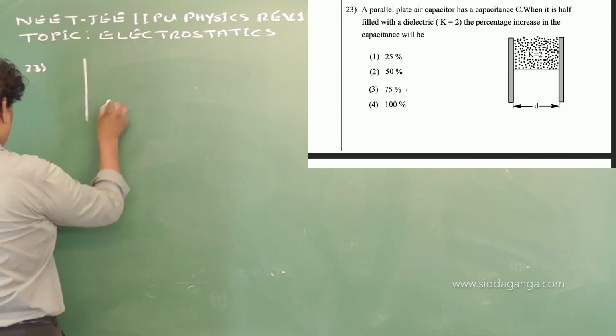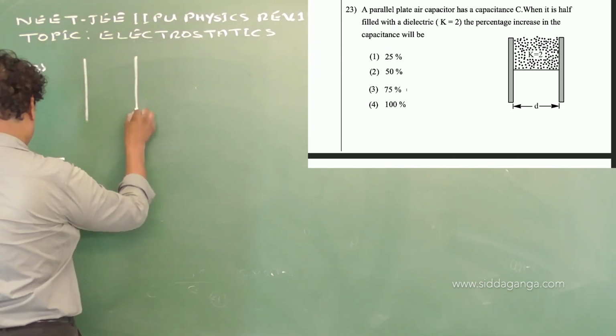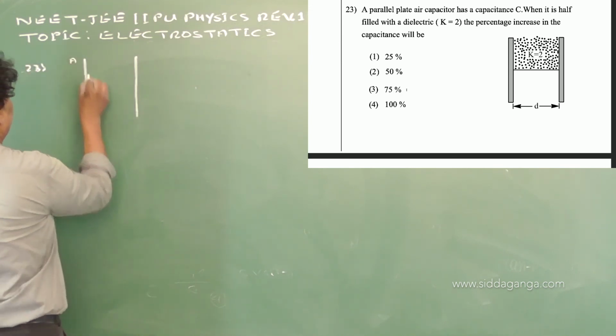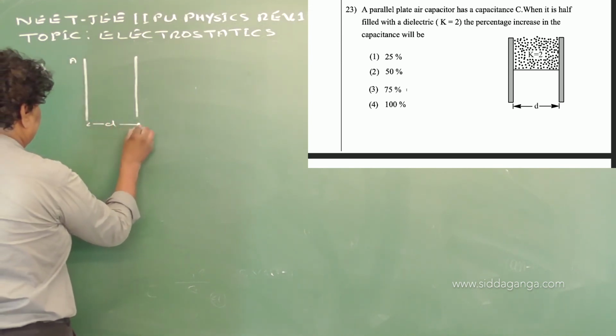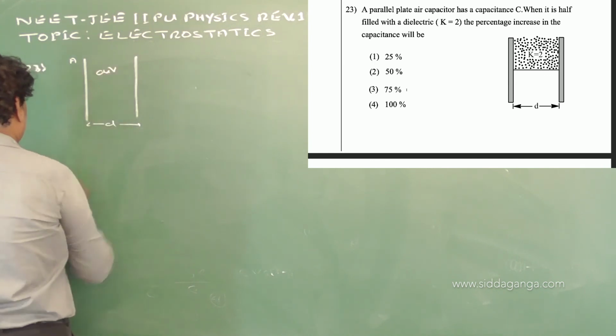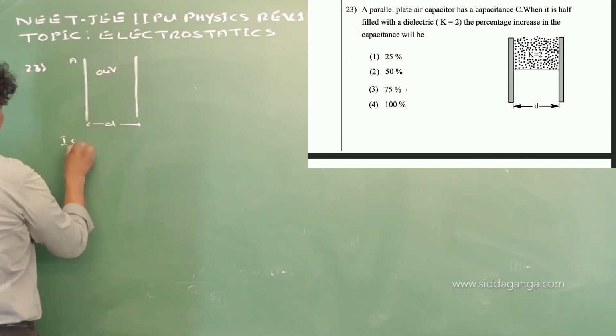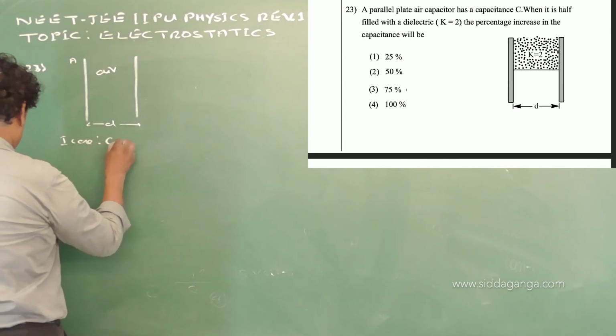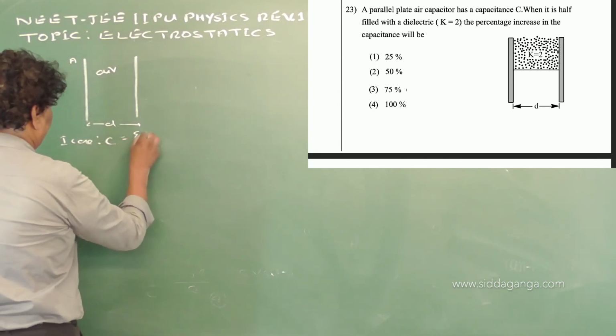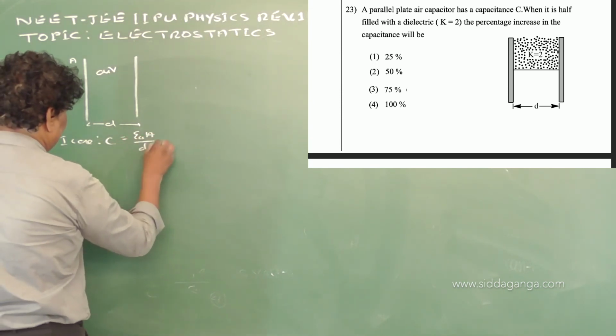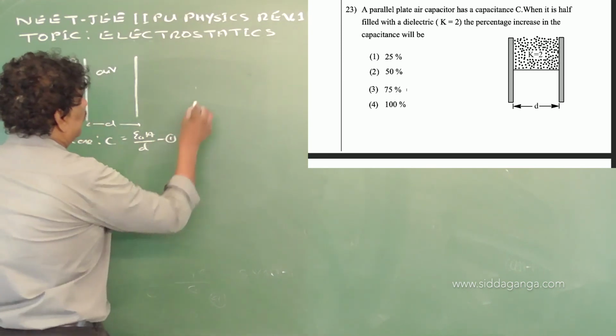Initially, this capacitor, say plate area A and distance D, is air filled. So in first case, the capacitance C is equal to epsilon naught A by D. Let us take it as equation 1.